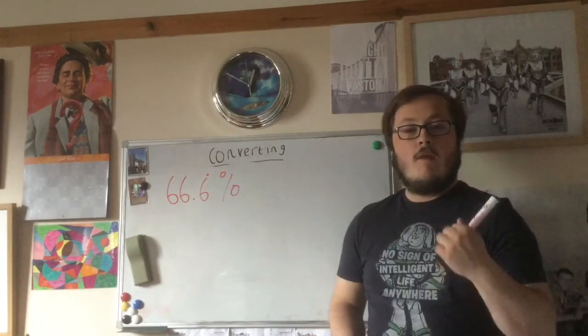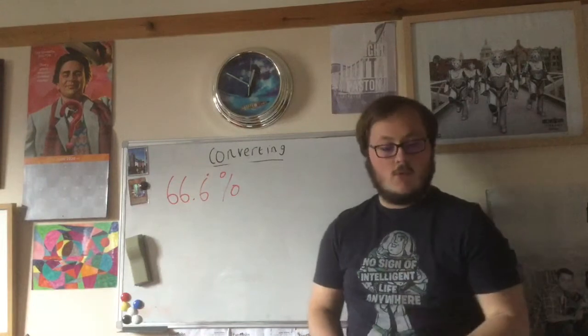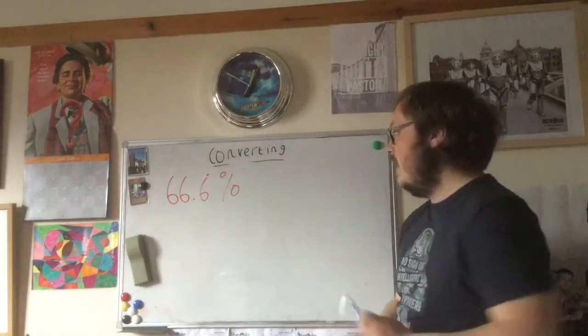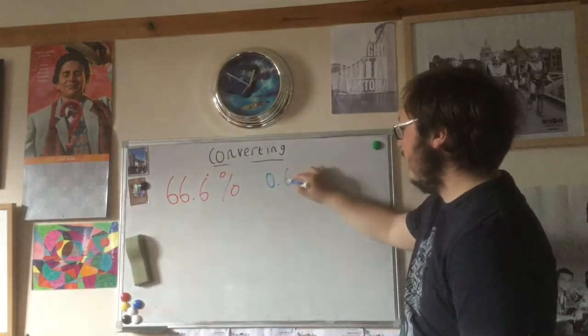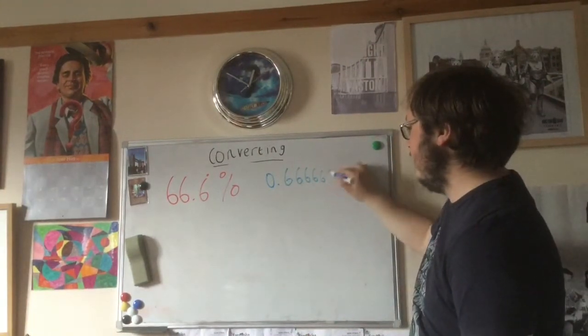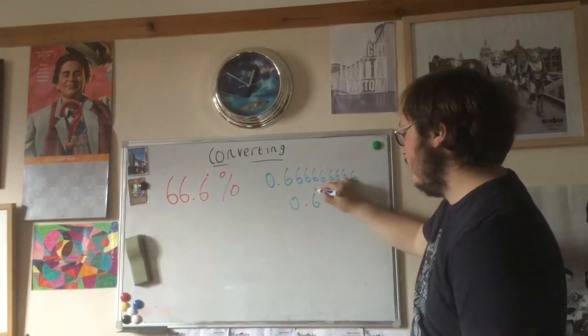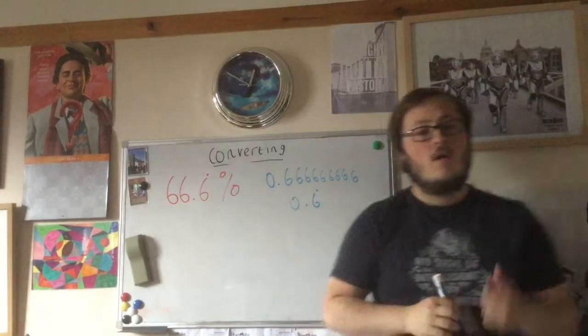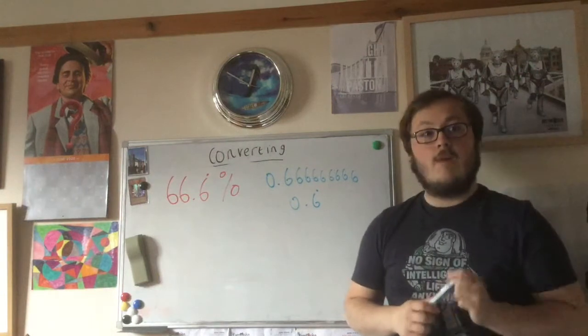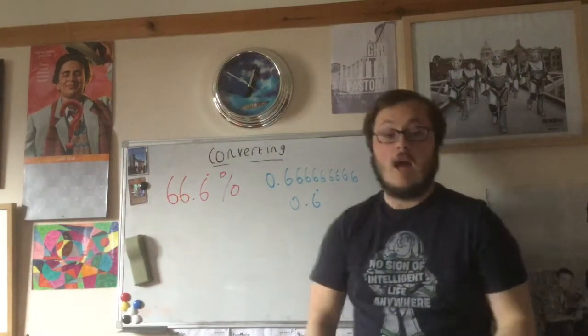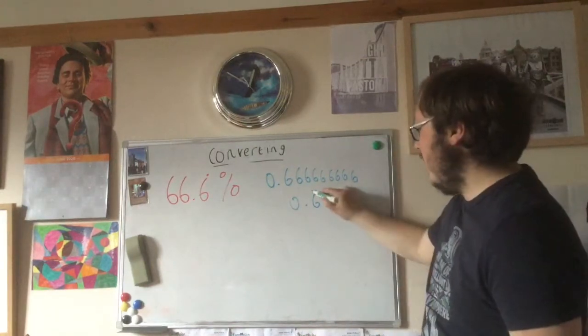Now, when this is converted into a decimal, you divide it by 100, it becomes 0.6666666666, or 0.6 recurring. Now, what you need to find out on this is what is the number that is recurring, and that is the 6.